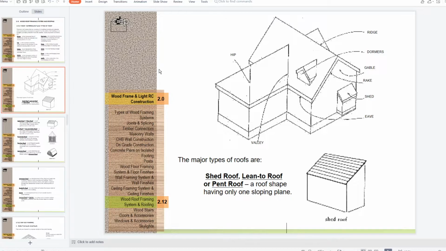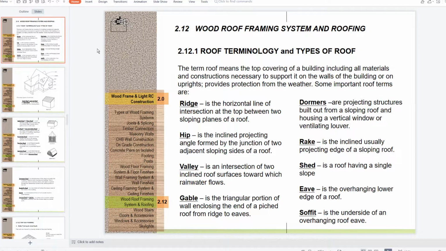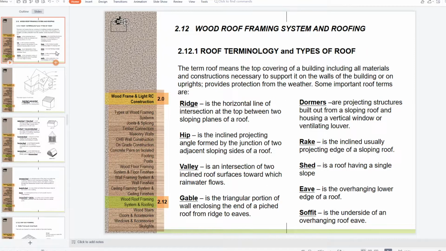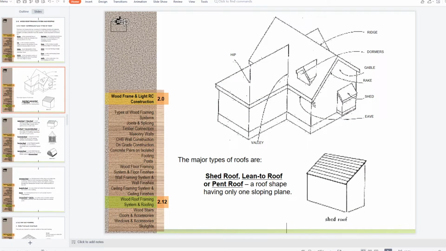So ang ginakisami sa kilid sang inyong wall amo na siya ang eave naton. Then the next is the soffit. So it is the underside of an overhanging roof eave. Sa dalom ina. Ang sa dalom sang eave, that is the soffit, roof soffit.